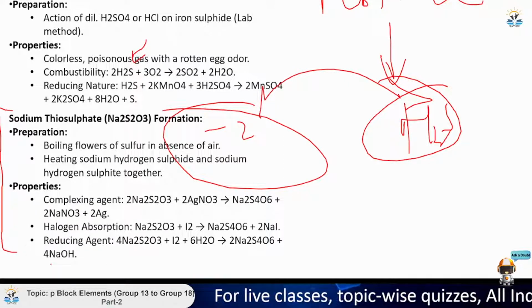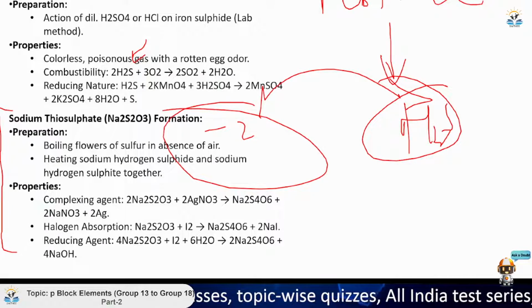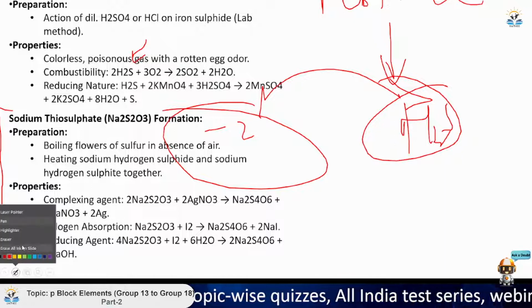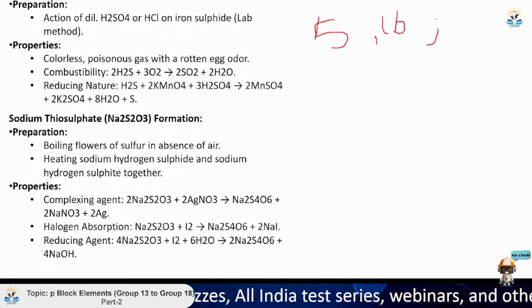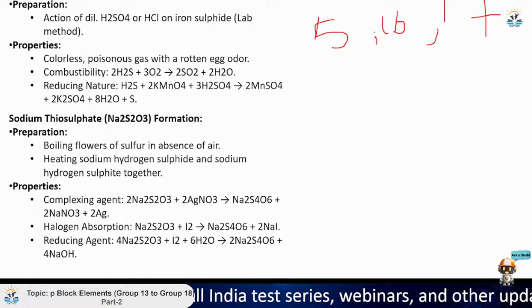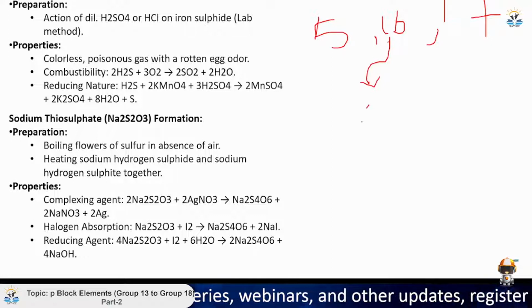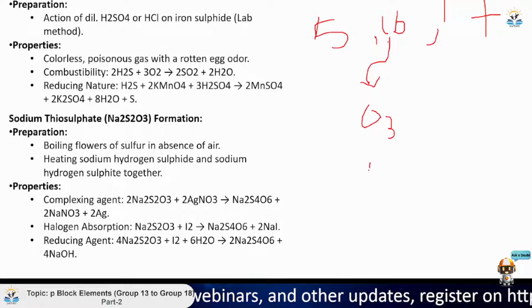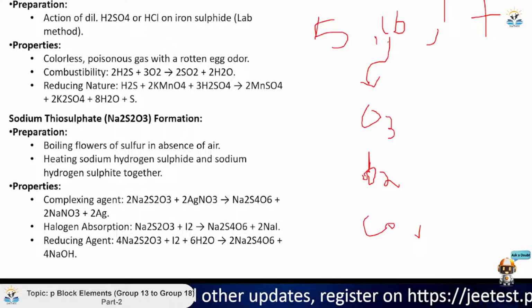So that completes group 16, and it was a very small topic. Here, most of the questions in the P block, if they are asked, are generally asked from groups 15, 16, and 17. And in 16, particularly, if they are in a good mood, they'll ask you an easy question from ozone, sulfur dioxide, and contact process.